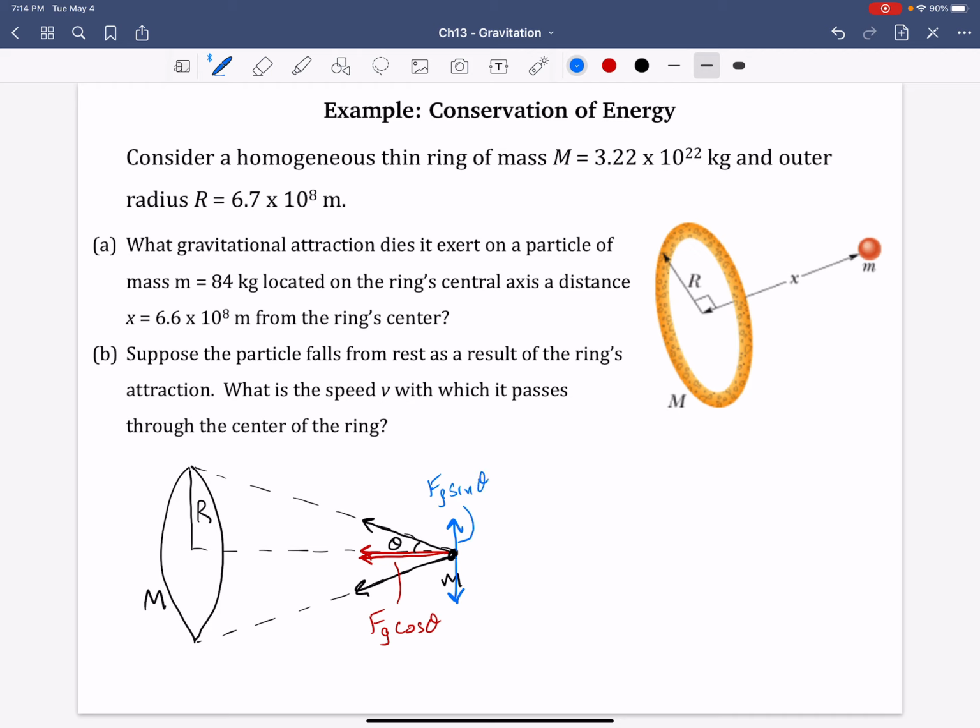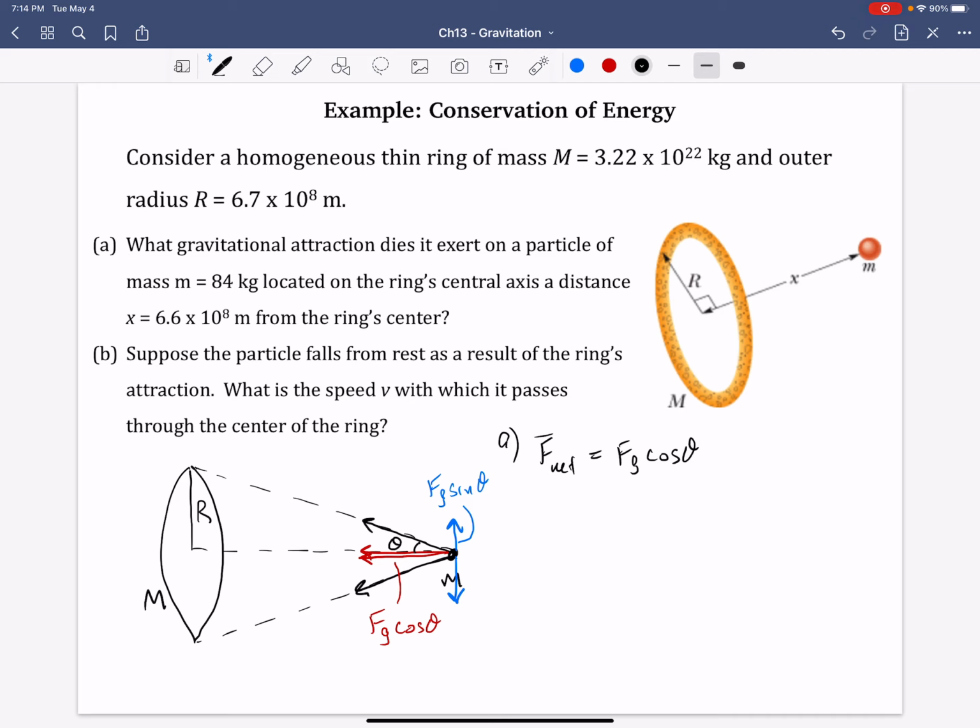So the magnitude of the net force is just the magnitude of Fg cosine. So in part A, here we go. The net force is really Fg cosine. That's it. We're not worried about the acceleration yet, just the magnitude of that force.